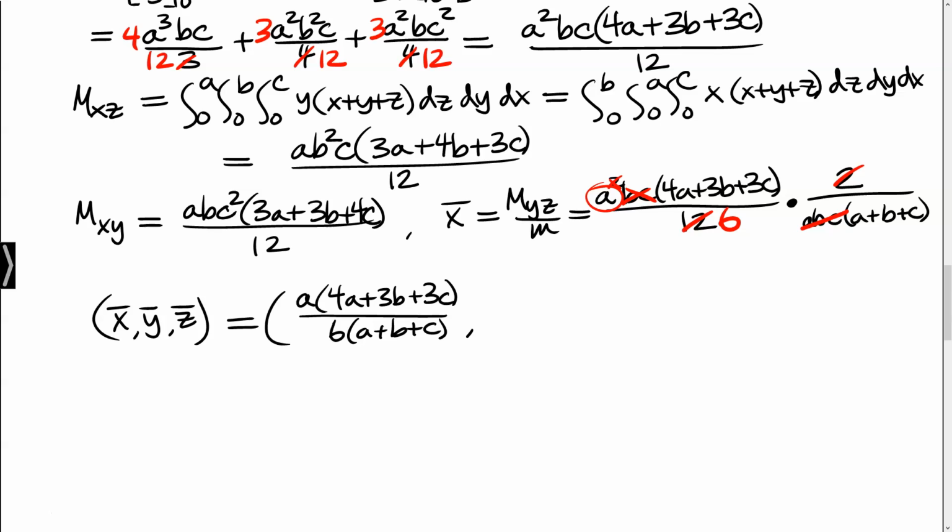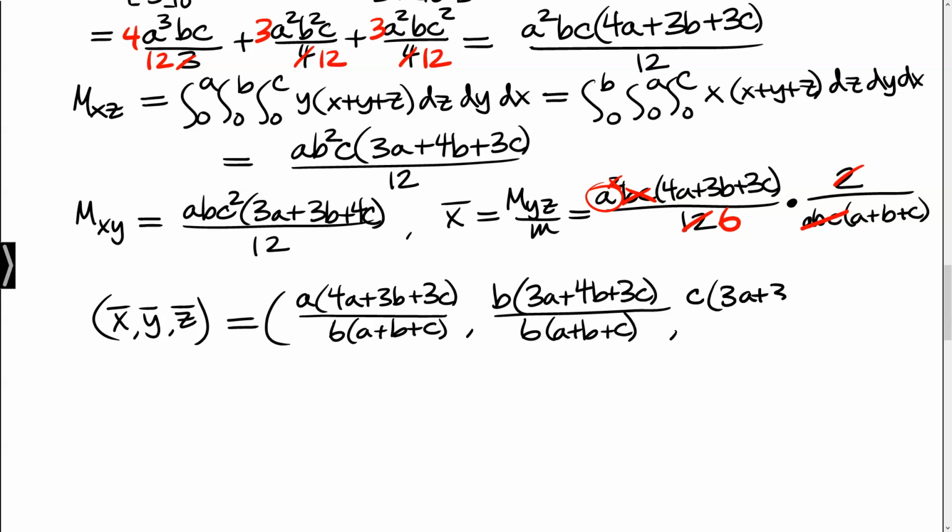Well, when we go to Y bar, it's like you're switching the roles of A and B. So that means we're just going to get, or you could just look at the formulas that we got above, B times 3A plus 4B plus 3C all over 6 A plus B plus C, comma, and then the last one would be C, 3A plus 3B plus 4C, all over 6 A plus B plus C.